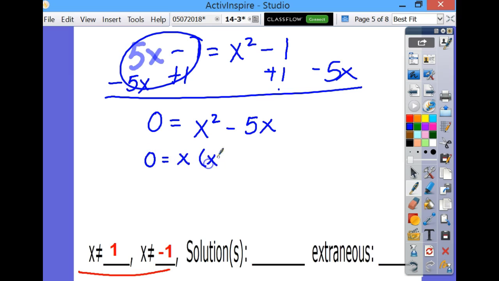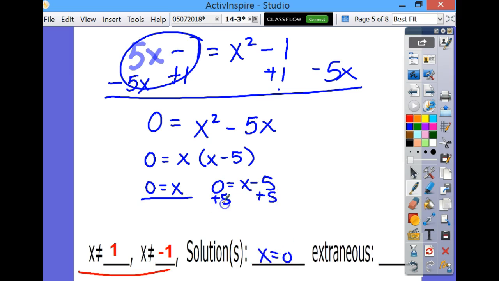You factor out an x. And either the first term equals 0 or the second term equals 0. This is already solved. X equals 0. This one, I have to add 5 to both sides.